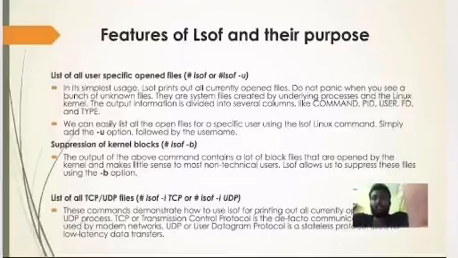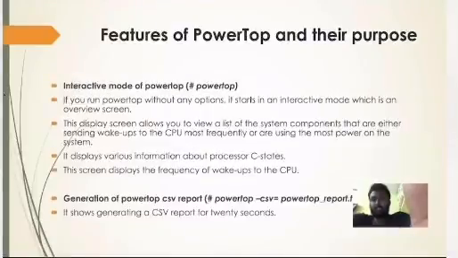Next, the list of all TCP and UDP files: lsof -i tcp or lsof -i udp. This command demonstrates how to use lsof for printing out all currently open TCP and UDP processes. TCP, or the Transmission Control Protocol, is the de facto communication protocol.